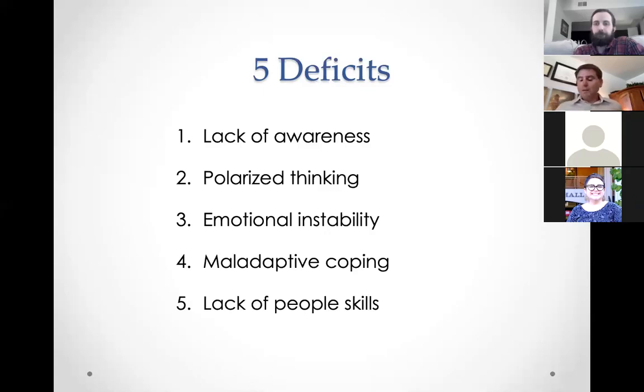And then another deficit area that Marshall Linehan noticed in connection with emotional vulnerability was highly polarized thought patterns, right? So if you're coming from a CBT background, you might think of black and white thinking or binary thinking, right? Or dichotomous thinking, right? Everything is either this way or that way. And if you think about it, that makes complete sense in light of the invalidation they came from.